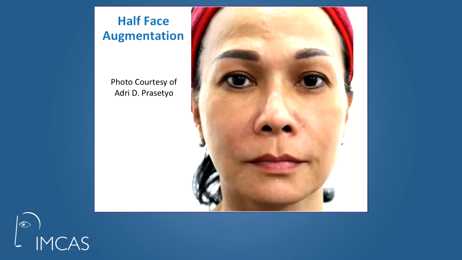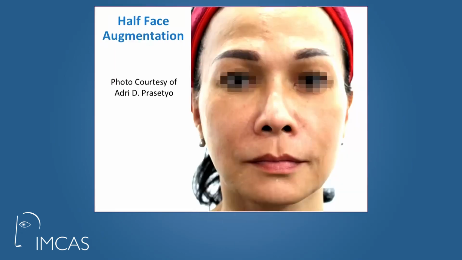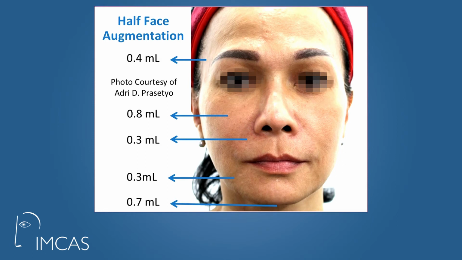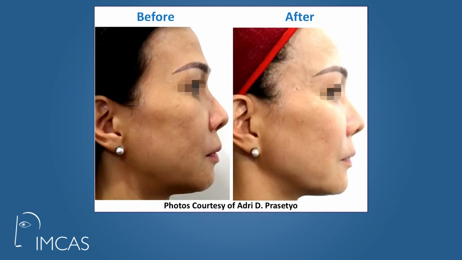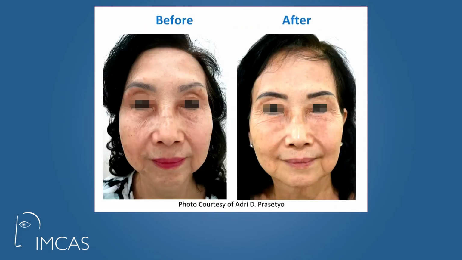Next slide. I performed half face augmentation in this patient, with this amount of filler. Next slide. This is the lateral view, again before and after in my older patient. As you can see, she has quite severe skin laxity and also volume deficiency.